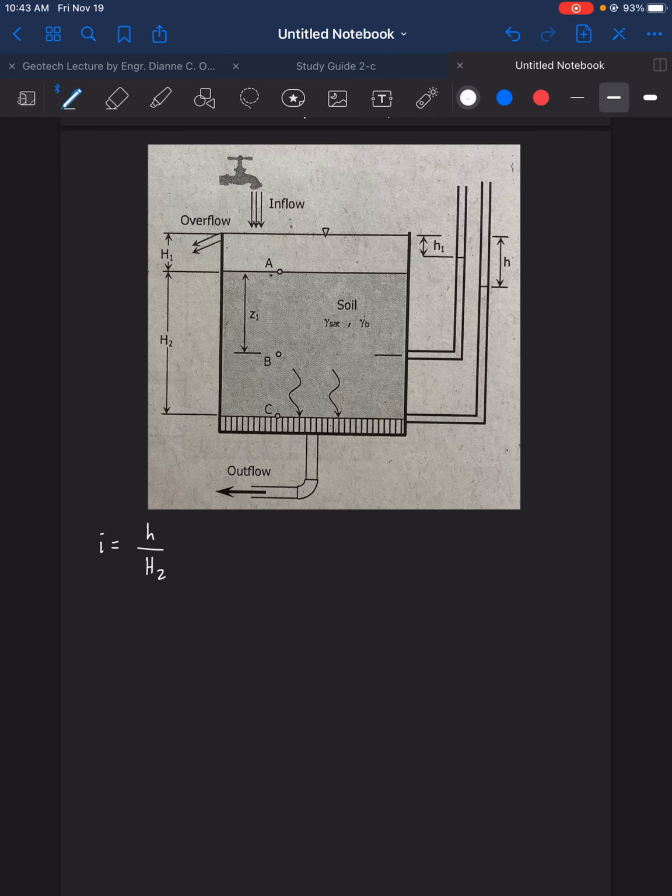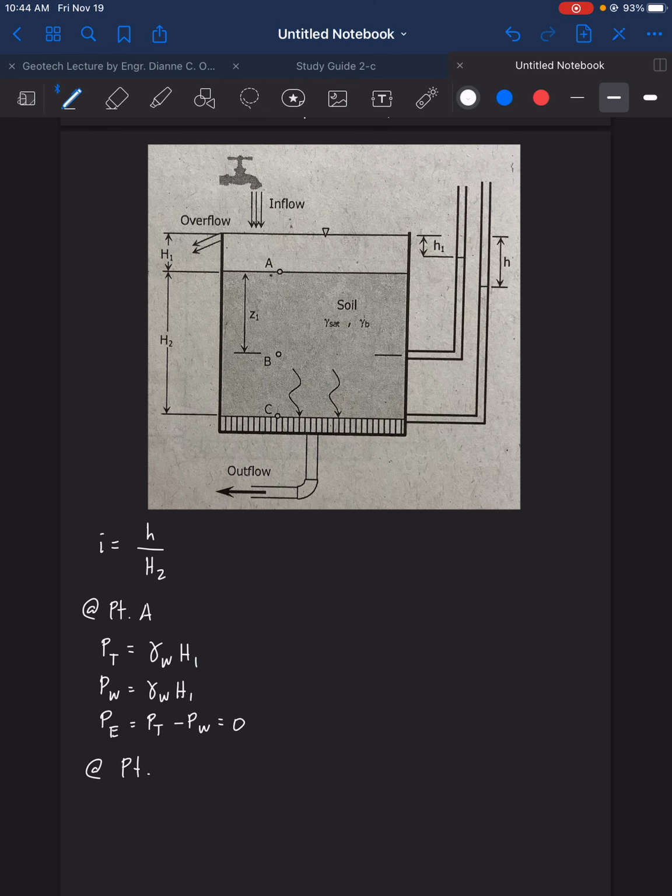Okay. Next we have point A. Solve for the P total at point A. We have gamma of water times the height of the water. For water, we have gamma water and then H1. So P effective now is equal to P total minus PW equals 0.